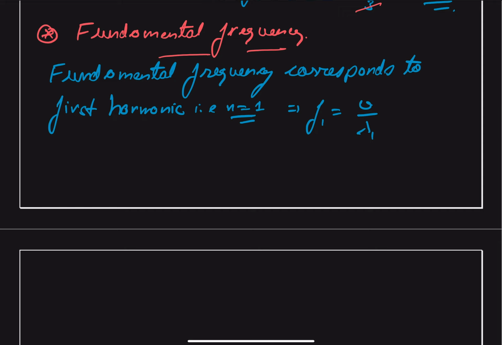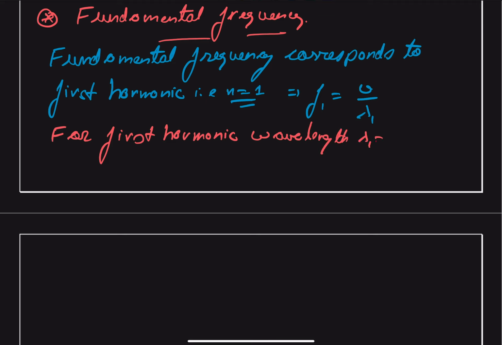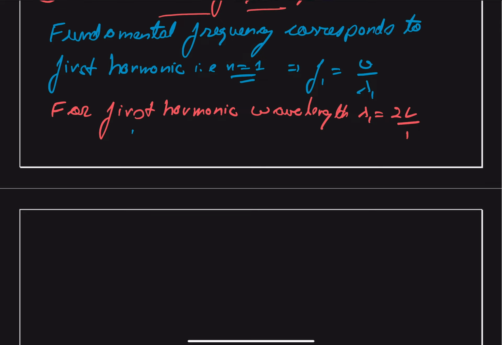And we can find out our lambda 1, that is the wavelength for first harmonic. Lambda 1 is equal to 2L divided by 1, because value of n is equal to 1 and length we already know, so we get lambda 1 is equal to 2 multiplied by 2.0 and this comes as 4 meters.